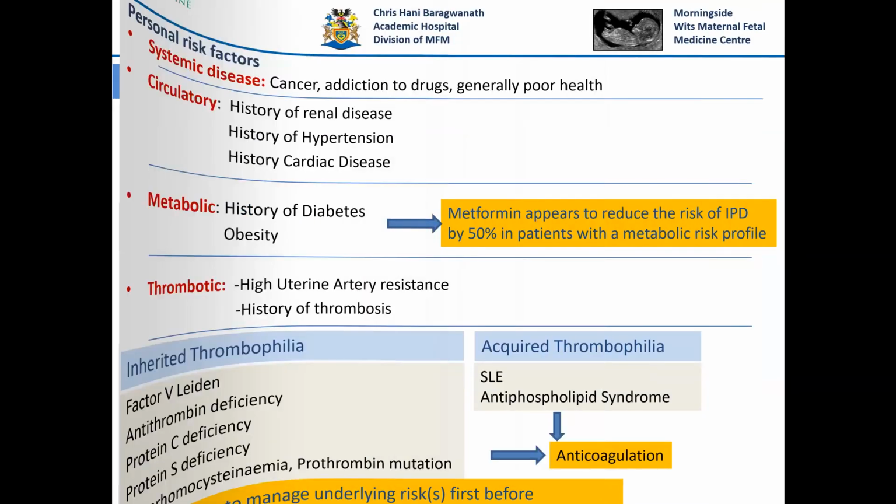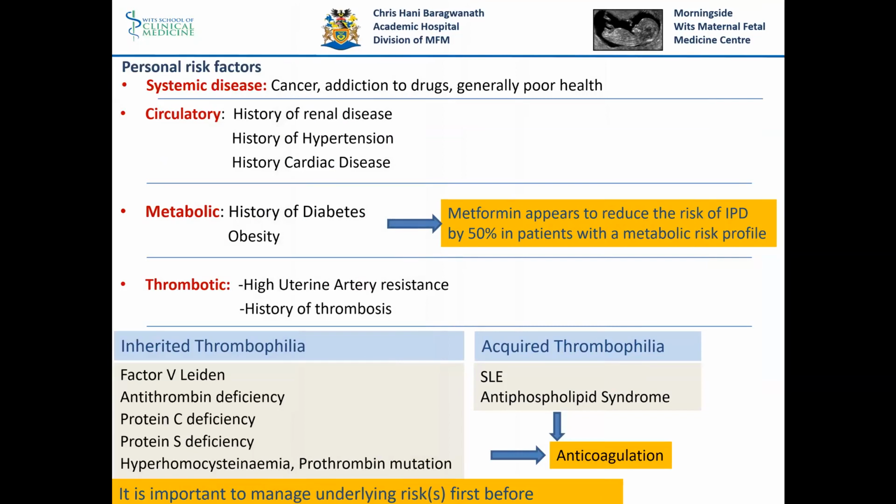And that brings me to the next slide, that we need to actually get a good history and try and identify personal risk factors that will contribute to an abnormal placentation and high blood pressure and preeclampsia and abruptio and IUGR and so on. And these are listed here.